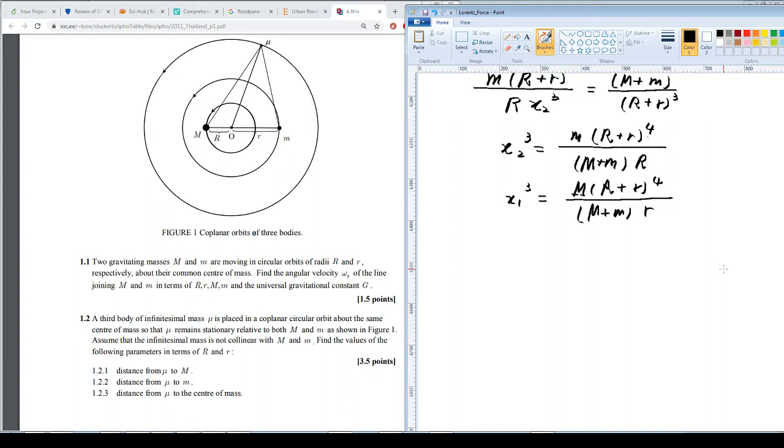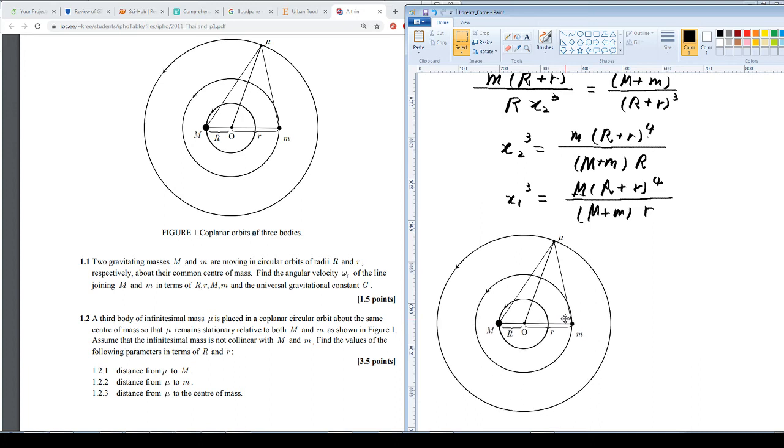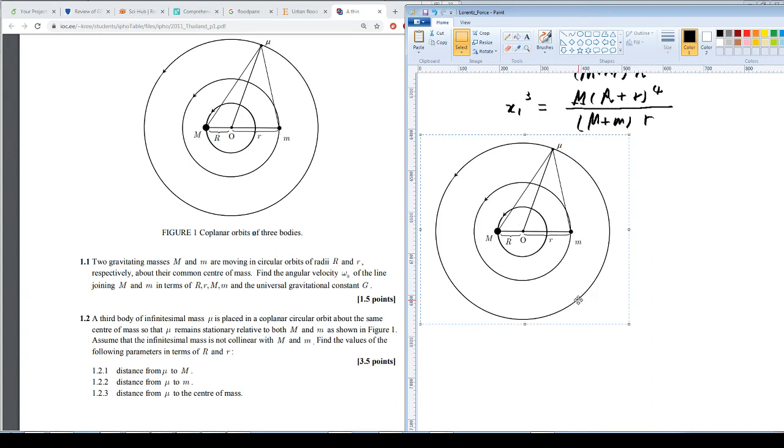I think you could also use Stewart's theorem. What's that? If you have the cevian, then the sum of capital R times little r times capital R plus little r, and then you add x squared times capital R plus little r, then you get x1 squared times little r plus x2 squared times capital R. Oh, so yeah, it's more direct.